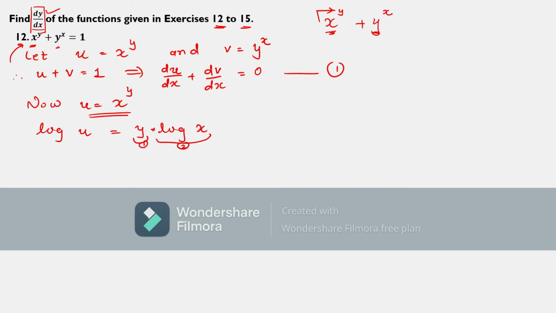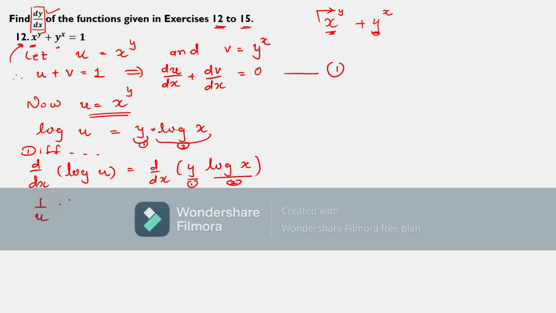So if we start differentiating both sides with respect to x, I'll get d by dx of log u is equal to d by dx of y log x. Here you can see this is the first function, this is the second function. On the left hand side, the differentiation of log u will be 1 by u.